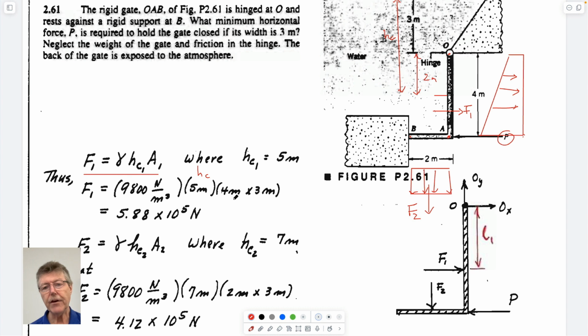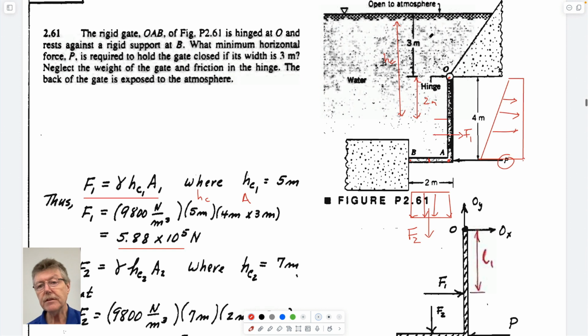And this is the area, which is 4 meters down and 3 meters into the page. So this here is the area of the gate, and it gives us a number. It doesn't say where it acts, but it gives us a location. F2 is going to be just the pressure acting at this point multiplied by its area.